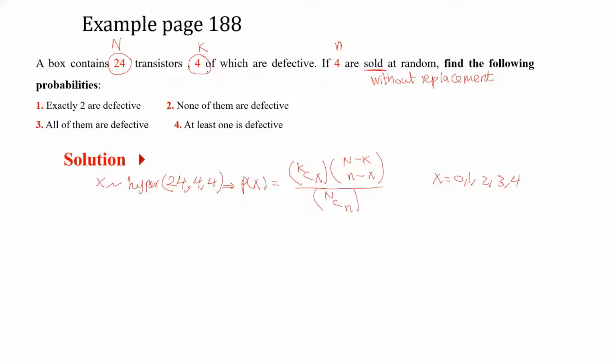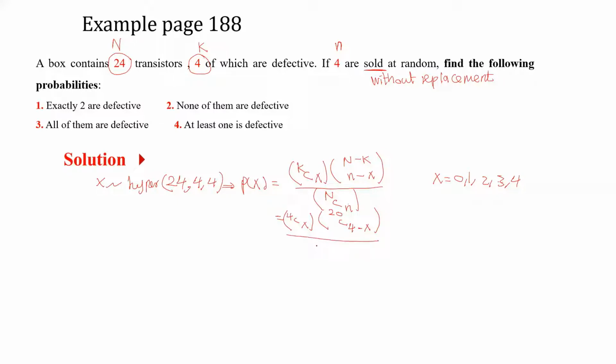K equals 4, N minus K equals 20. So you can write 4 C x, times N minus K is 20, 24 minus 4 is 20, combination n minus x. n is 4, so 4 minus x. x is our variable.